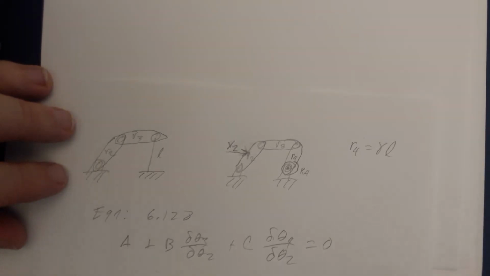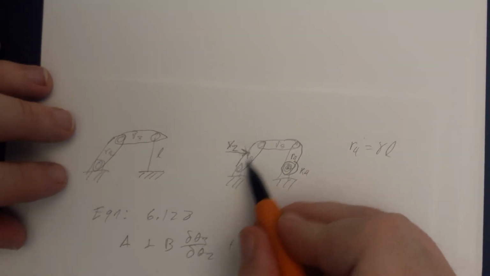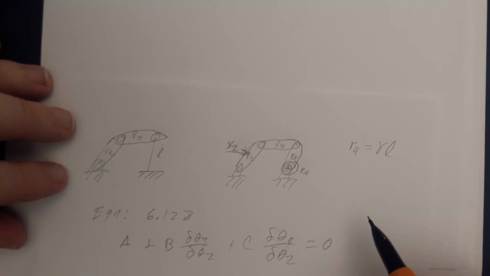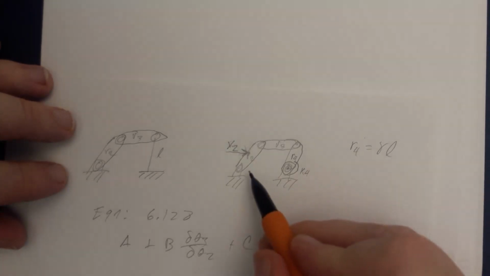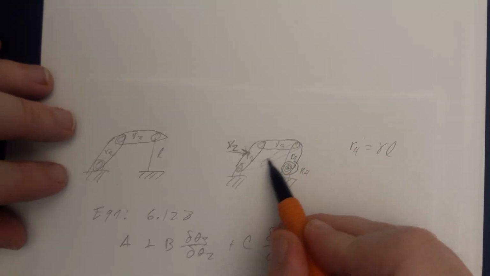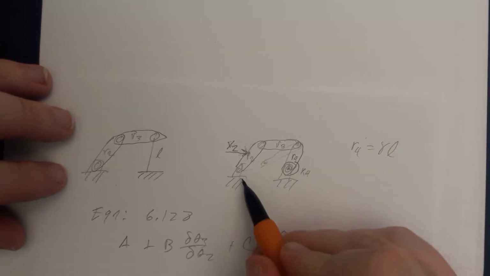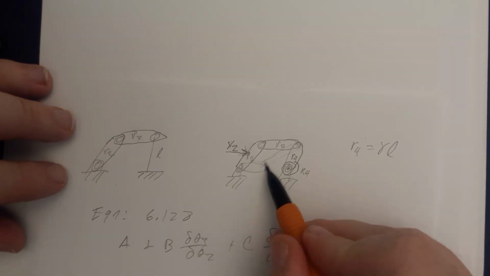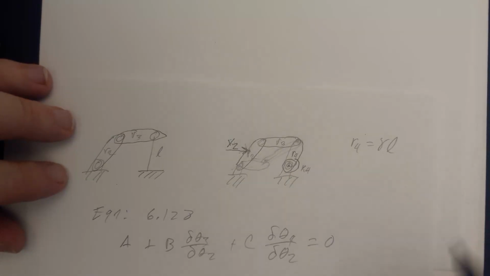Okay. The first position, assume that this position where I've got shown is where the spring is undeflected. Then there will be another position, you can imagine, where links 2 and 3 are just mirrored about this line right here.